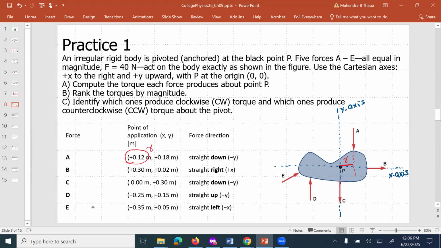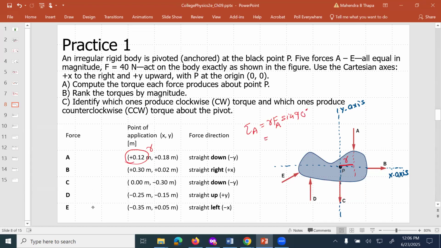This is your r. So you can find that the torque due to force A will be r times the force applied at the point A, which is Fa, times sine 90.